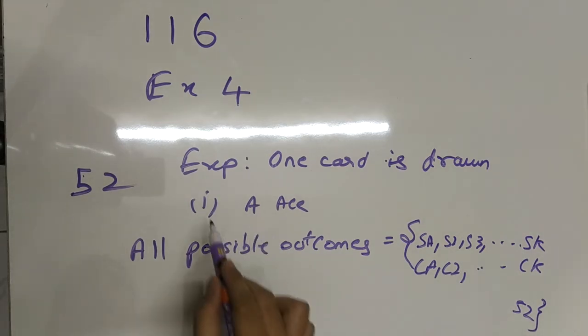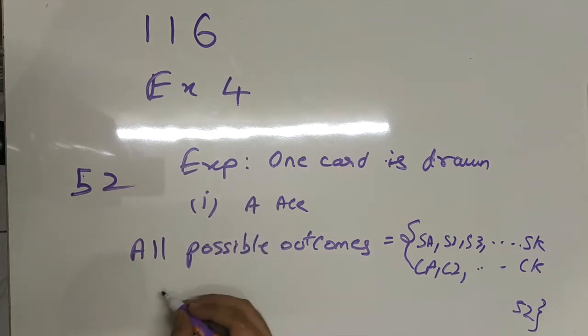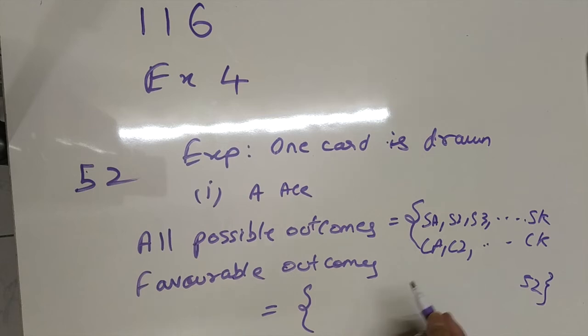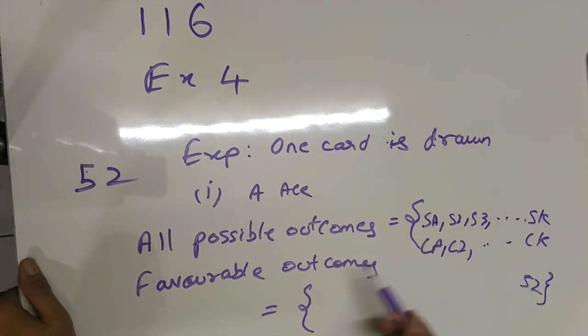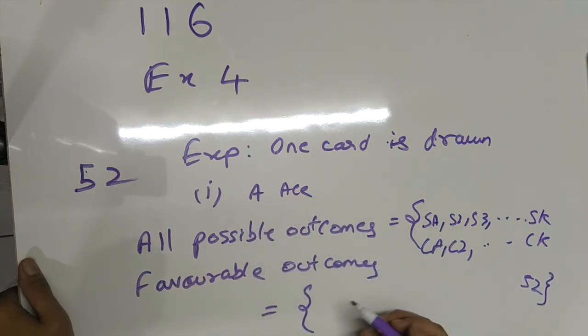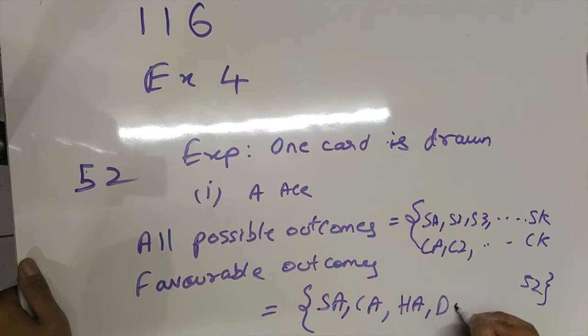Now favorable outcomes for this event. We start a bracket and write them down one by one. We take all the possible outcomes and see whether each matches the event. So it has to be an ace. It can be a spade ace. Spade ace will fit, it is an ace. Spade 2 won't fit because it is not an ace. Similarly club ace will fit. What other aces are there? Heart ace is there, and then diamond ace is there.